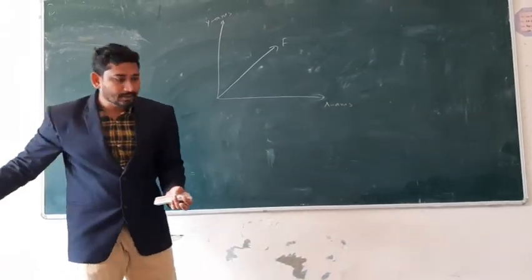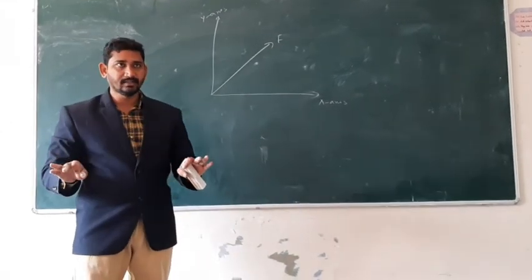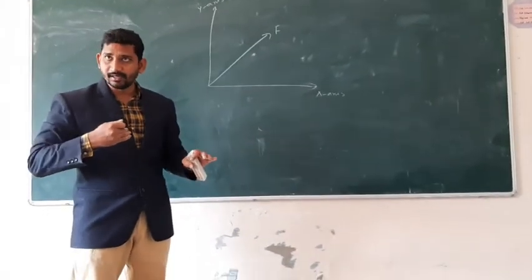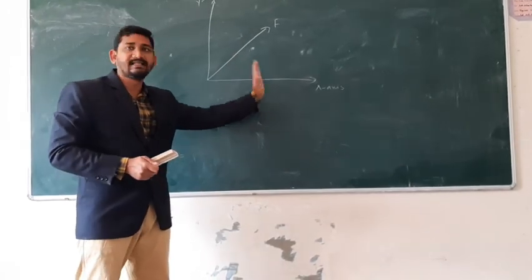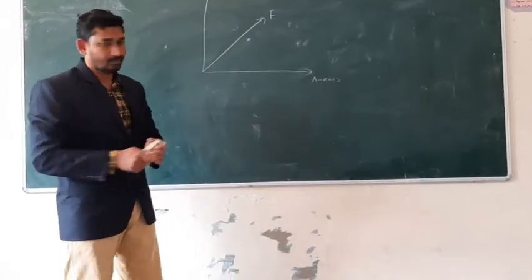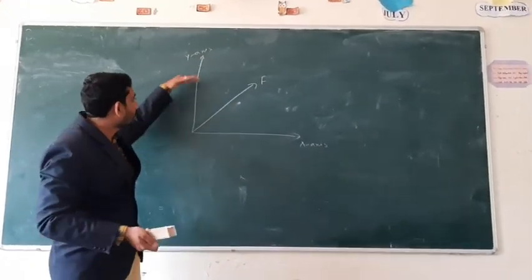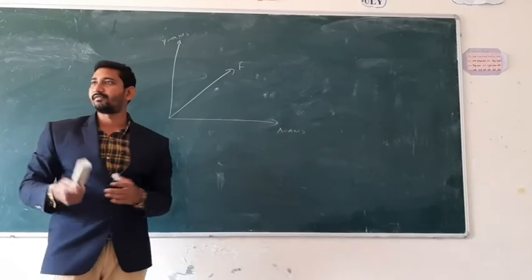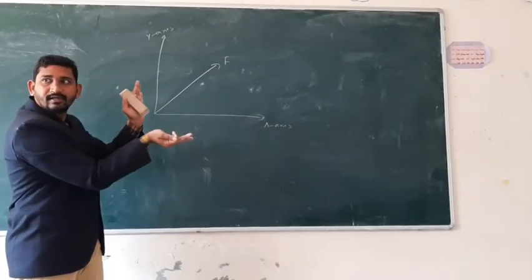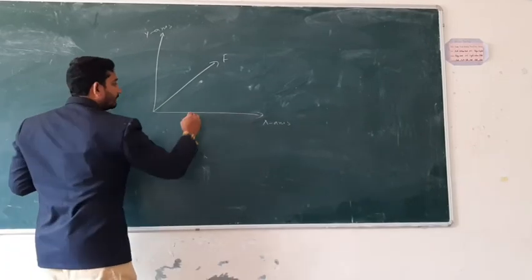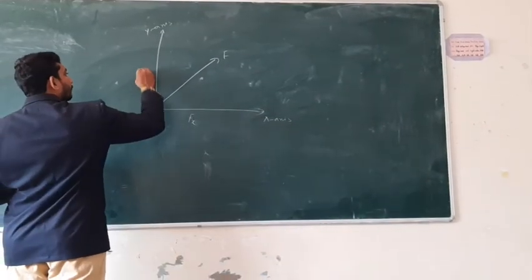Because the dog is displacing on the x-axis. I want to find out how much force is exerted in the x direction. Actually, this belongs to two directions. In the y direction also I applied force, in the x direction also I applied force. So I am resolving how much force I applied in the x direction. Take it as Fx and take this as Fy.